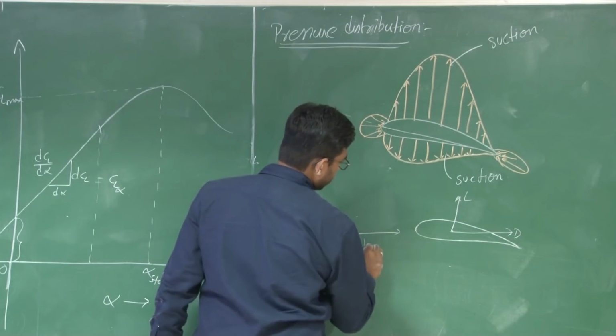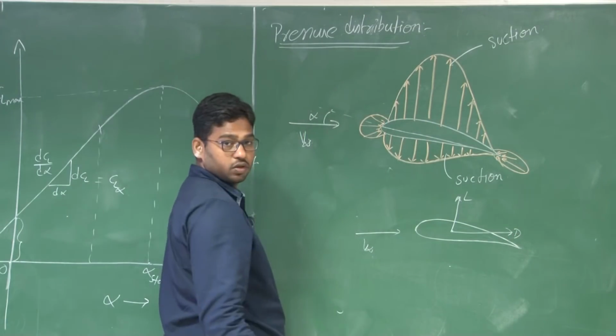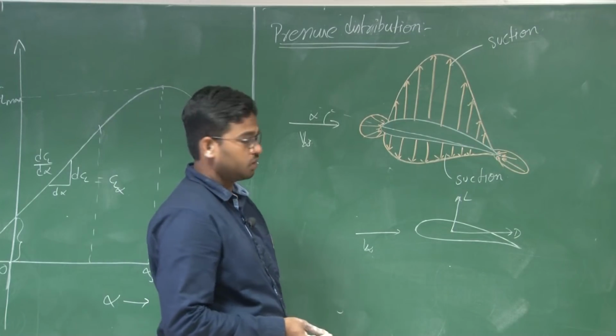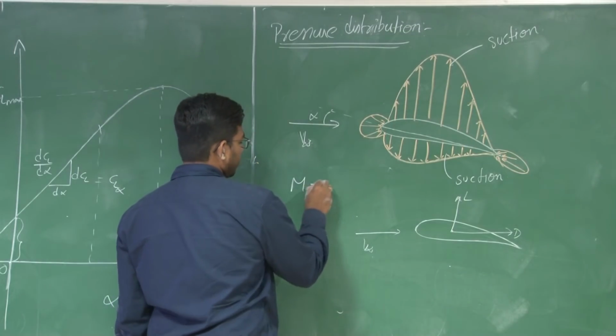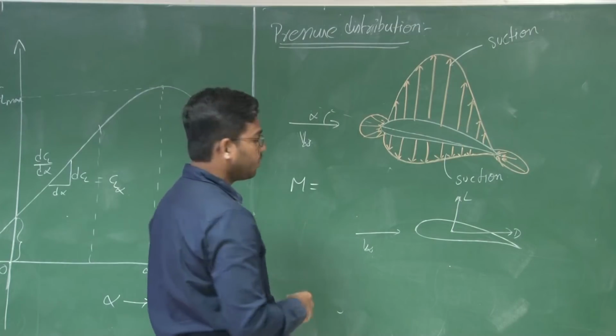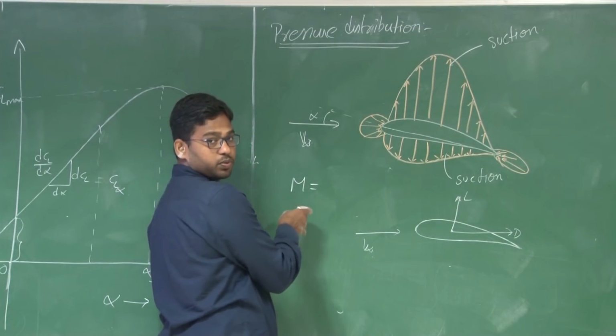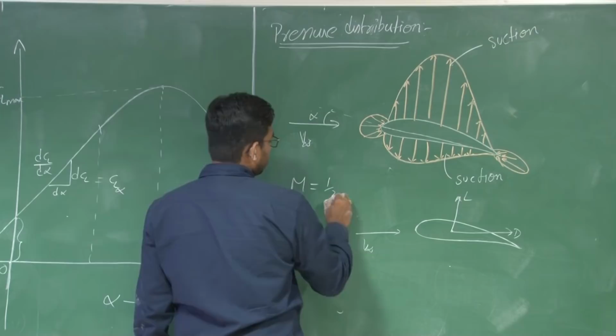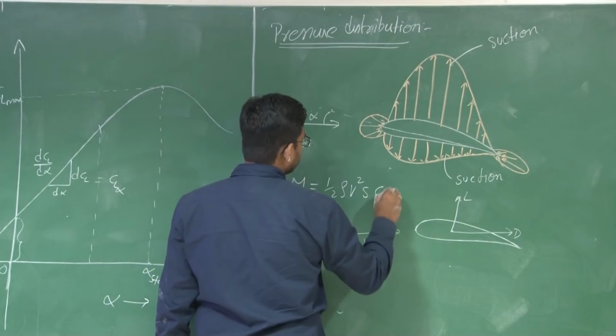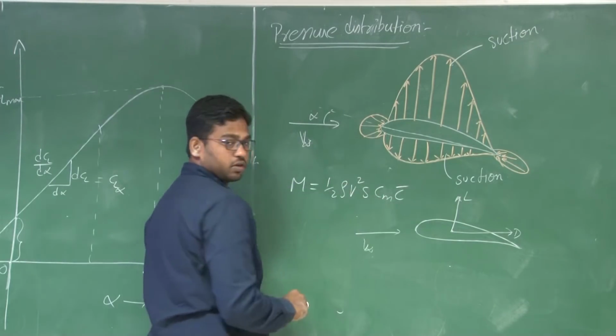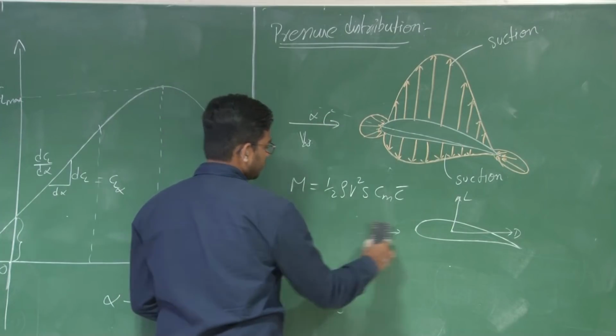When there is V infinity. Okay. So we have defined lift and drag. Now let us also define moment, M, right? M about a point. You have to know the reference point of this moment. It is equal to half rho V square S into Cm into C bar, right?